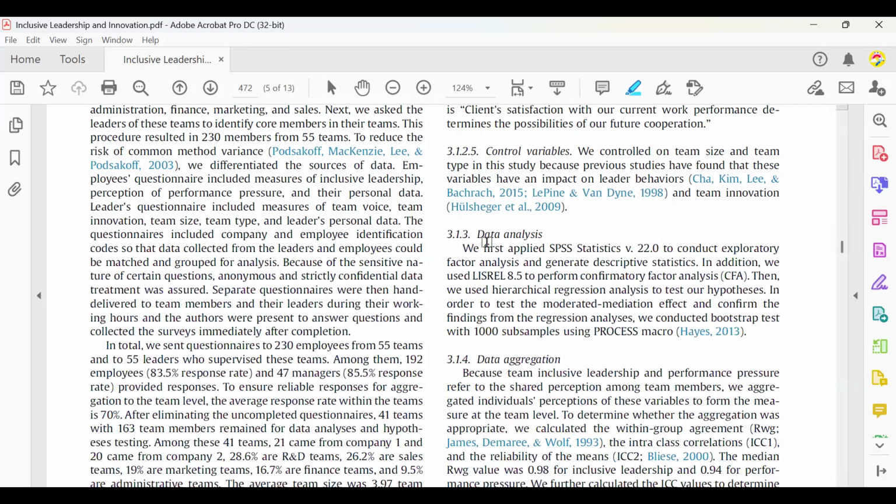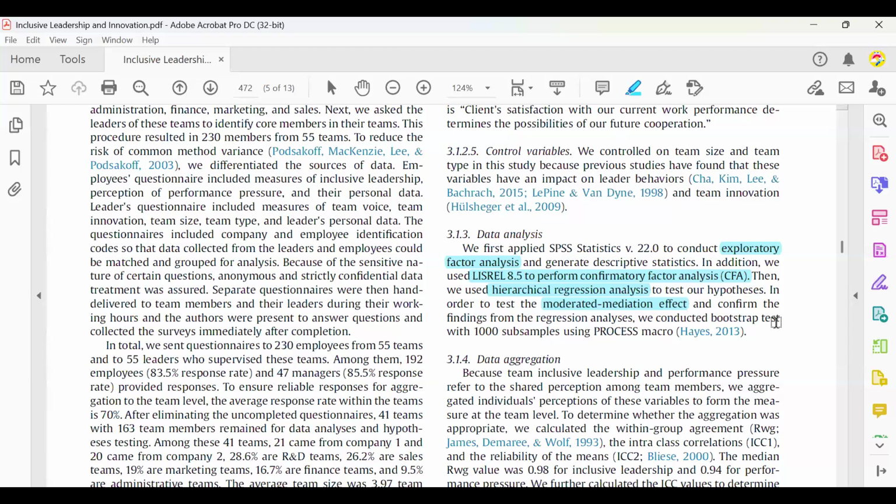The other thing I want to show you is data analysis. So here they say exploratory factor analysis was done for descriptive statistics, and then LISREL was used for confirmatory factor analysis. Okay, and then hierarchical regression analysis was used to test the moderated mediation effect and confirm the findings from the regression analysis.